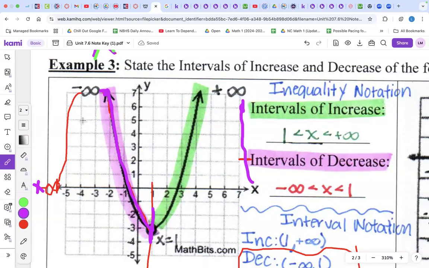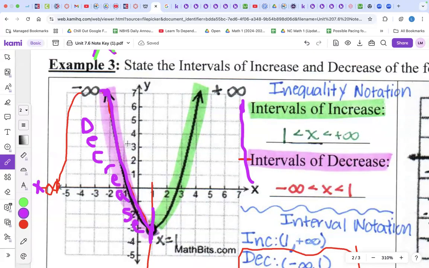That means it's decreasing. It's going down. And look at your y values, even though I said it all has to do with x, and I'll explain. You see how your y is 7, 6, 5, 4, 3, 2, 1.